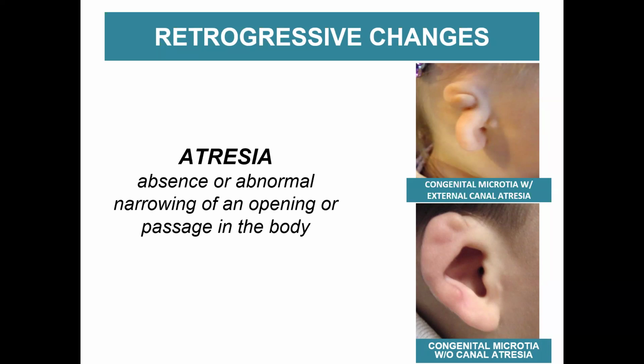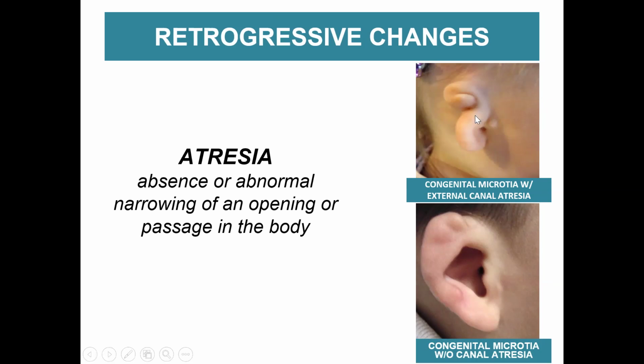The one below is microtia, basically this is also congenital wherein there is a defective formation of your external canal. So in congenital microtia, the external canal is defective or abnormal upon growth, with external canal atresia. So there is an absence of opening.